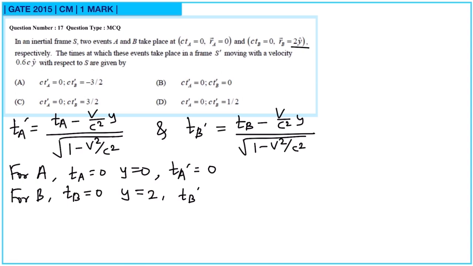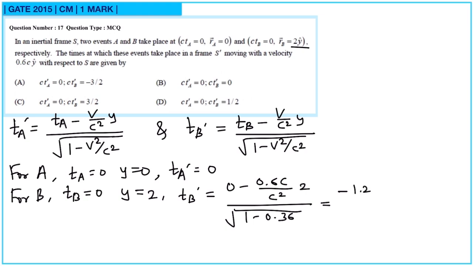So t_B dash will be 0 minus 0.6c upon c square into 2, upon root of 1 minus 0.6 square, which is 0.36. So minus 1.2 by c upon 0.64, whose square root is 0.8.